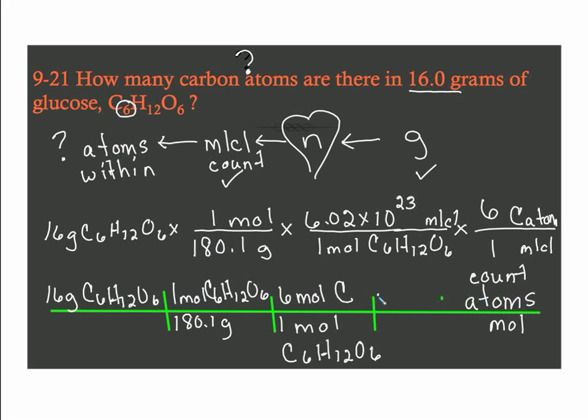So once we have it down to atoms directly, 6.02 times 10 to the 23rd atoms for every 1 mole. So you see that those last 2 steps in this case can be flip-flopped, and you can pick the way you want to do that. 3.21 times 10 to the 23rd atoms of carbon.